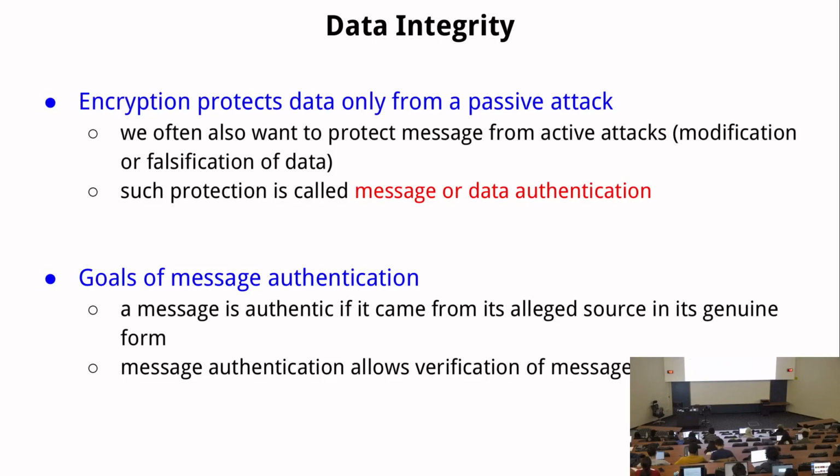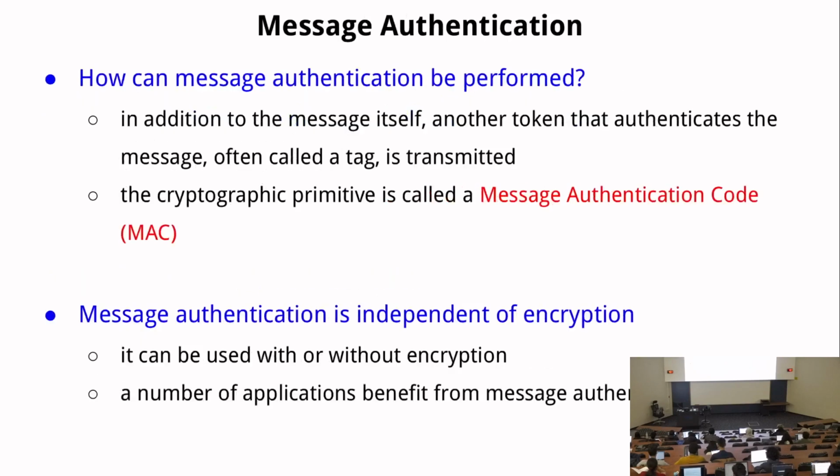It is really from its alleged source. So actually there are two goals. One is authenticity, which guarantees the message is from its alleged source, and the other is that the message has not been changed.